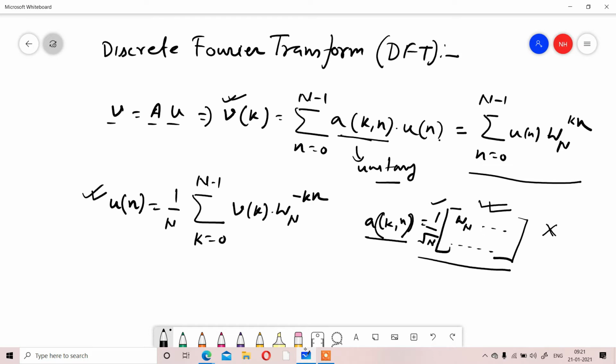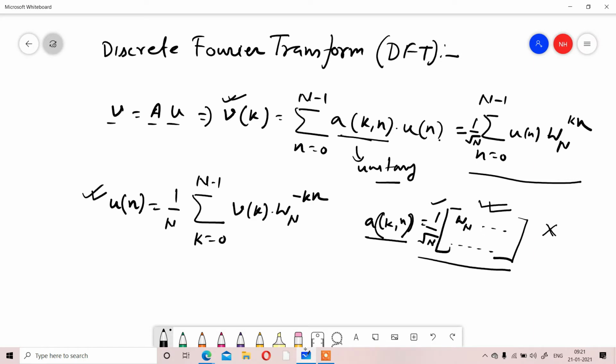Then you can see that the format is unitary. Okay, so to make that expression unitary, you need to apply 1 by root N here.